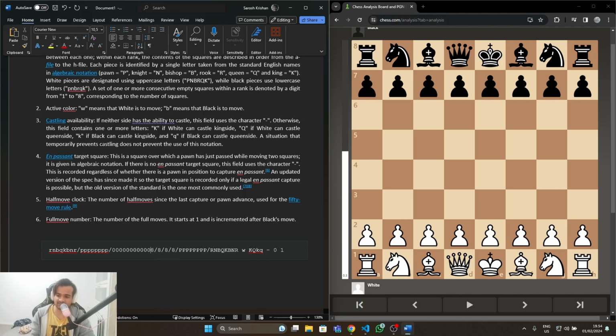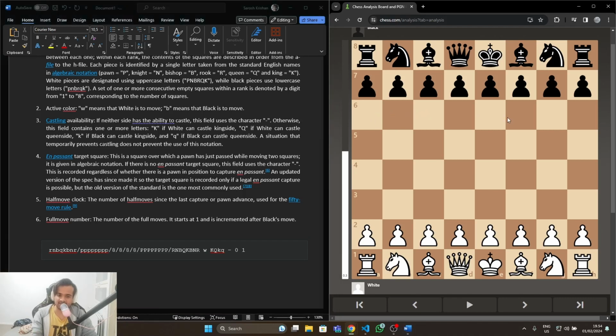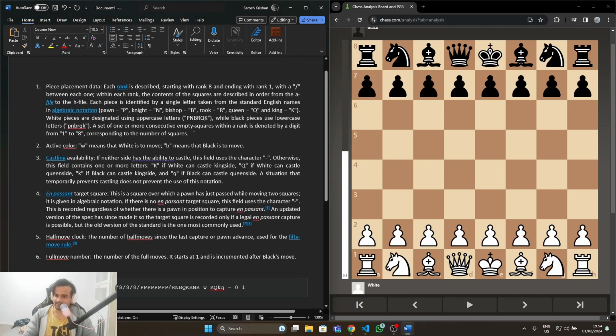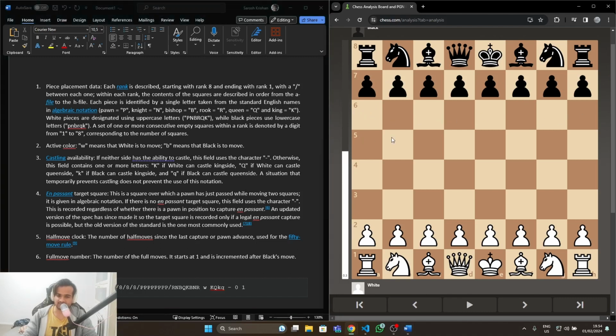So instead of all these zeros, you can just write the number of empty squares starting from the left, from the A file. That's pretty neat, I think. So far we have the pieces, their names, the way they're divided into ranks, and for empty squares, you just write the number of empty squares starting from the left.